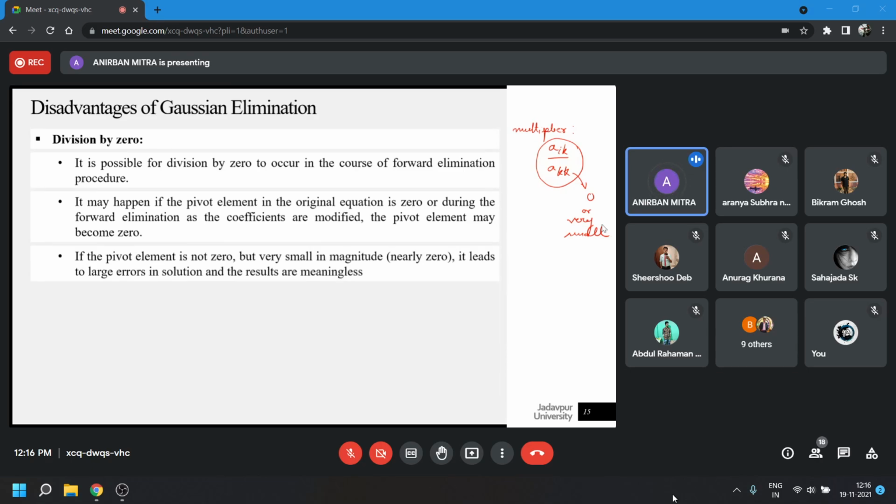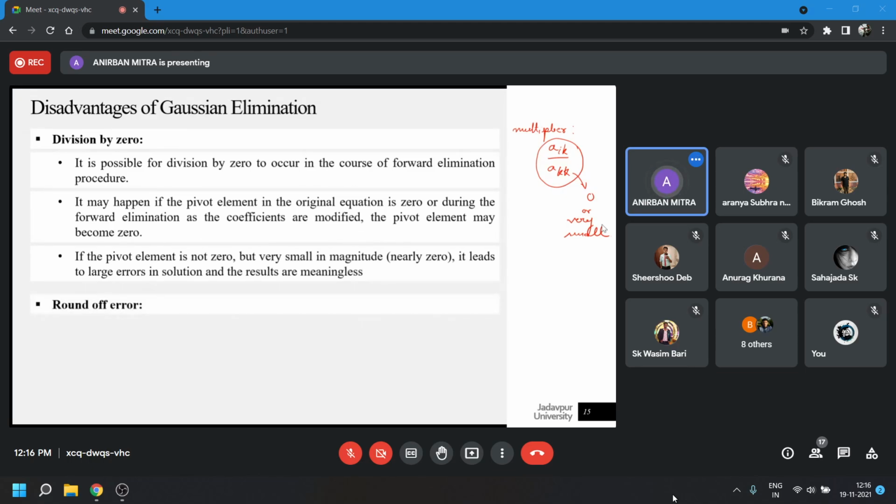And even if the pivot element is not 0, but quite small in magnitude, that is very nearly 0, then also it could lead to large errors in the solution, and it might render the result meaningless. So that is one issue with Gaussian elimination.